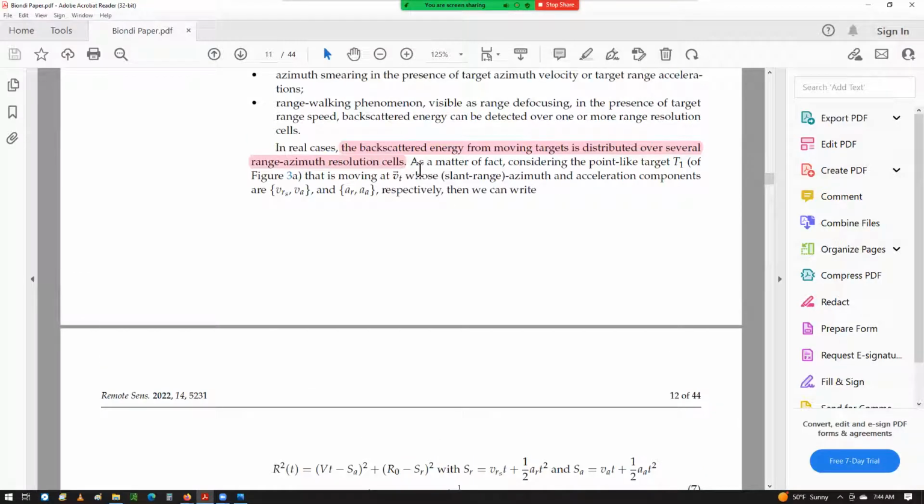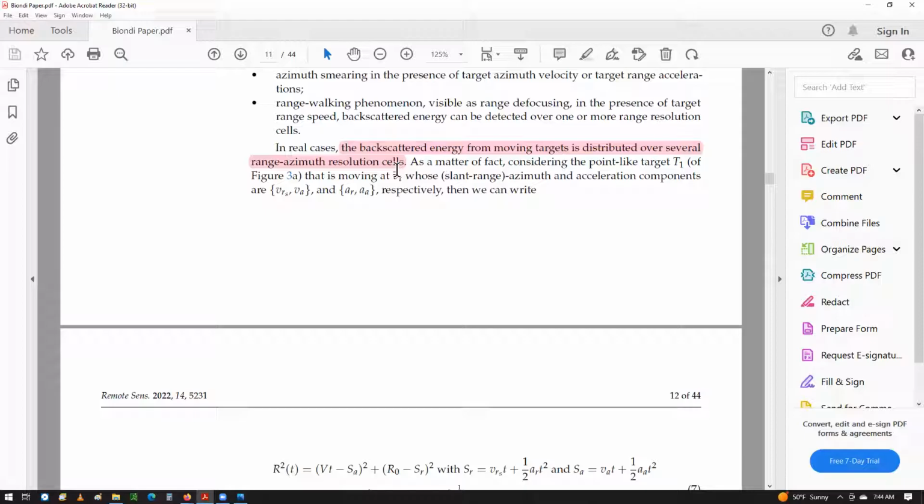So now here's another key statement. So the backscattered energy from moving targets is distributed over several range azimuth resolution cells. So you have to imagine when they take their data, it's two-dimensional, the data are along two dimensions, right? The range and the azimuth, and they're pixelated, right? So each individual point is a pixel, and their resolution is about a meter.